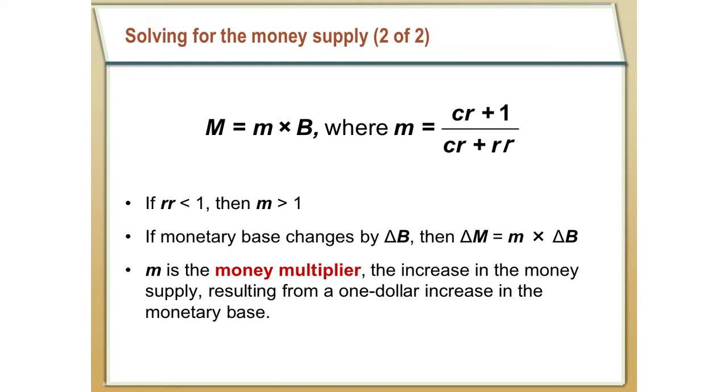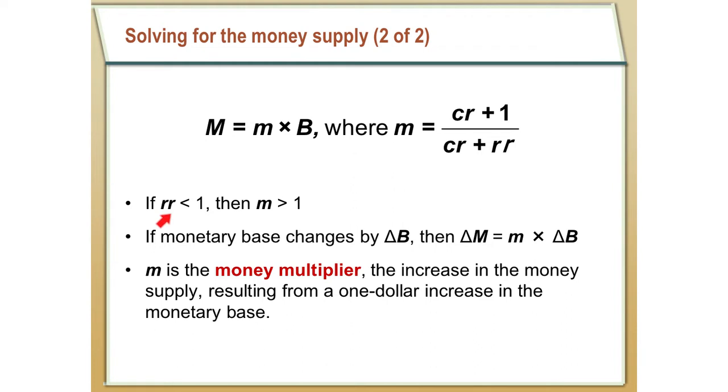The money multiplier is determined by how much currency households want to hold relative to deposits, so this portion here and here is determined by household behavior. This reserve deposit ratio is determined by bank policy. They're deciding how many reserves they want to hold relative to deposits. The combination of that household behavior and that bank behavior is going to give us this money multiplier, little m.